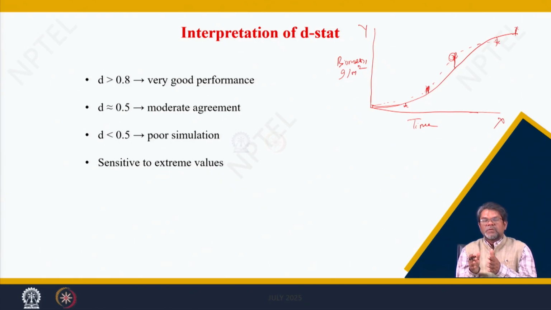In calibration, we do change the model parameters, but validation is the testing of model parameters. So, the D index or D stat we are using for the calibration process.